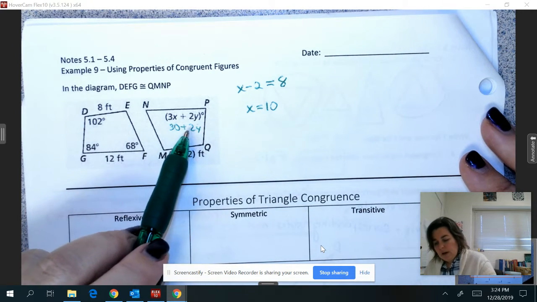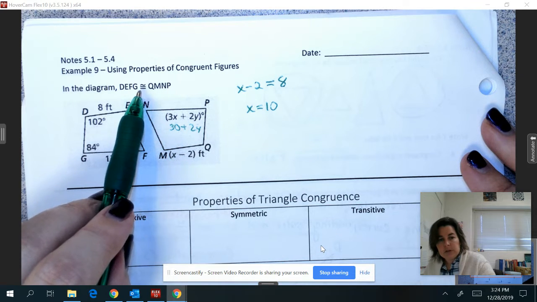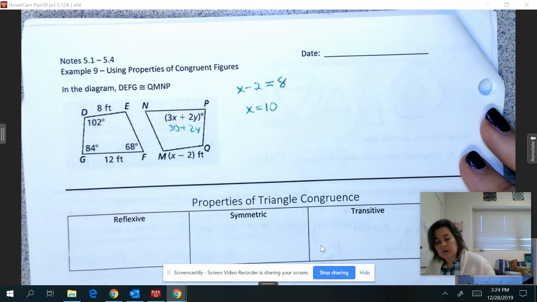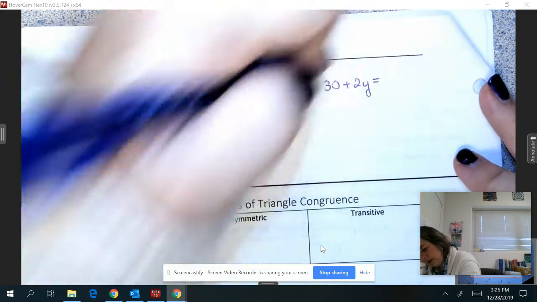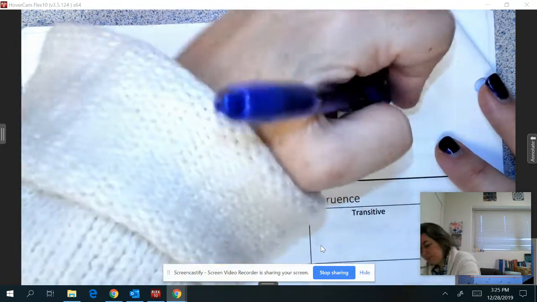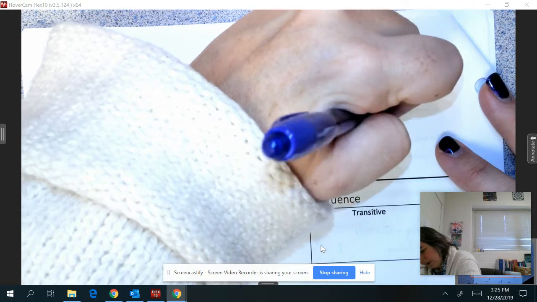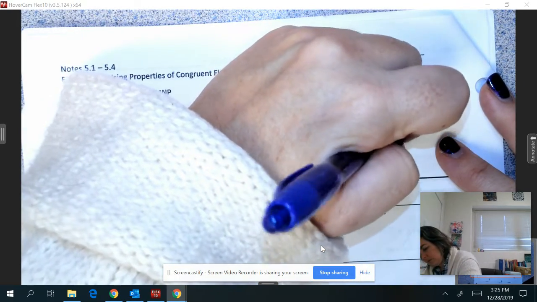That's angle P, that's the last letter, so it has to go with angle G, that's 84. So we have 30 plus 2y equals 84. Subtract 30, 2y equals 54. Divide by 2, y equals 27.